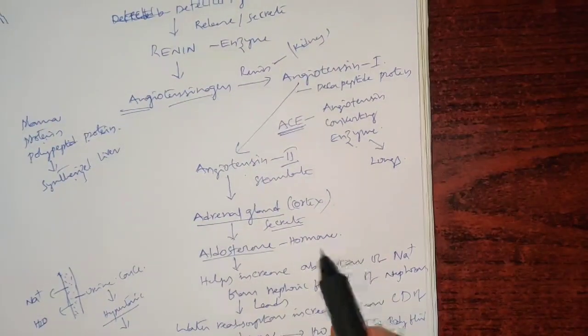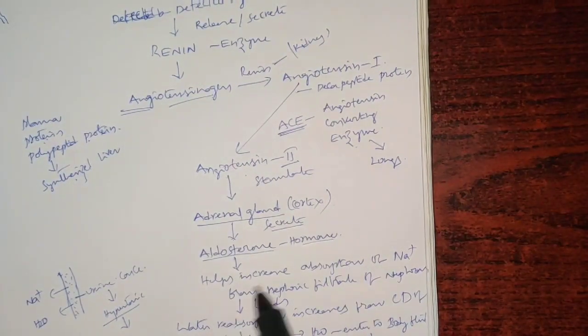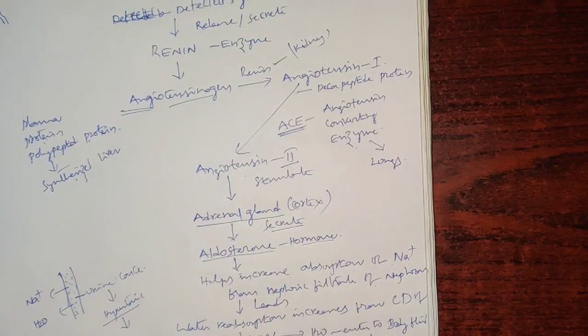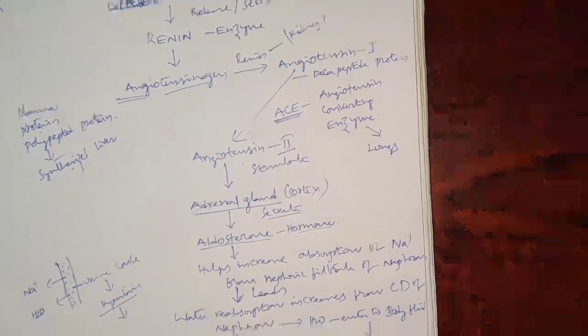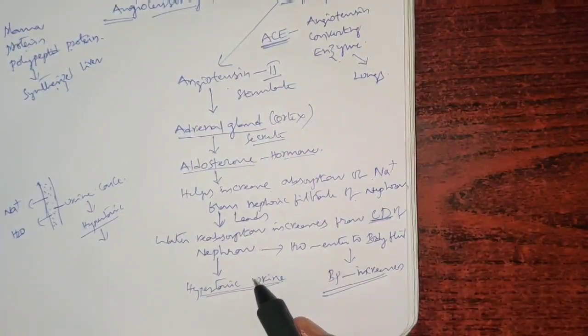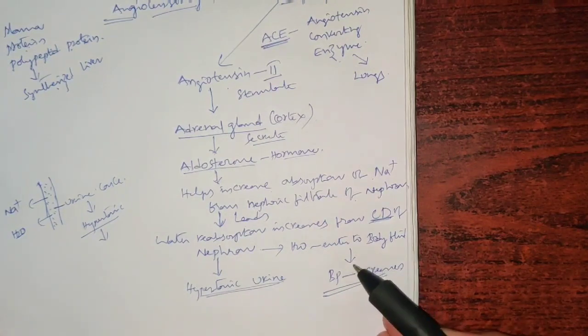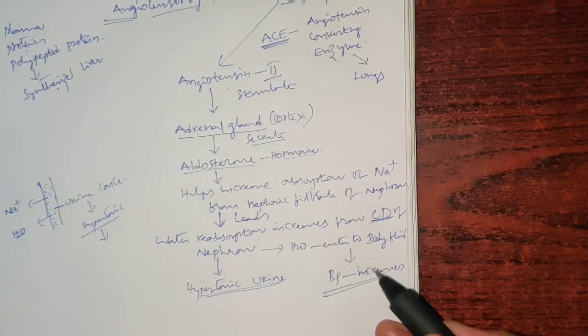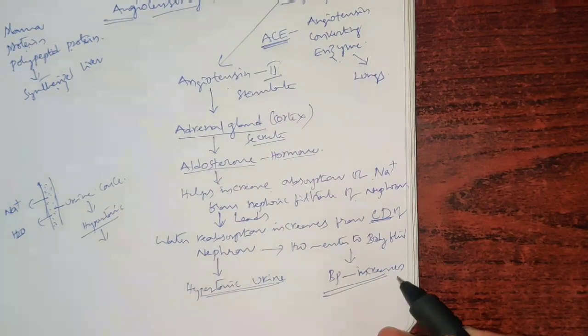This aldosterone helps increase absorption of sodium ions from the nephric filtrate, which leads to increased water reabsorption from the collecting ducts of the nephron, so water enters the body fluids. As water enters the body fluids, the BP increases.